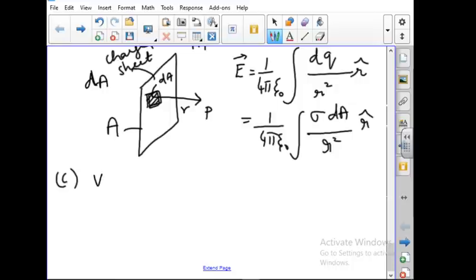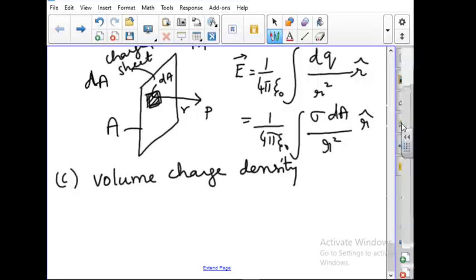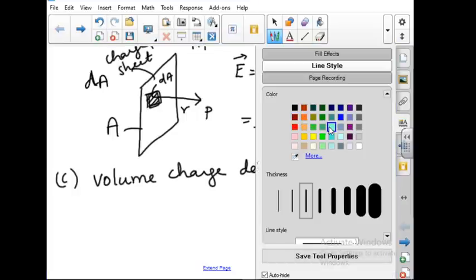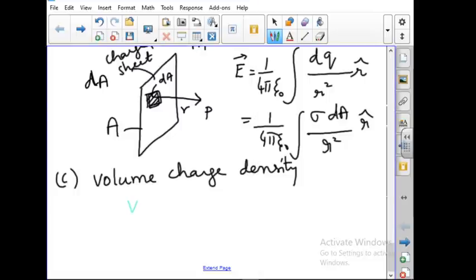Here we are using the term volume charge density. What is volume charge density? Volume charge density means it is the charge per unit volume.